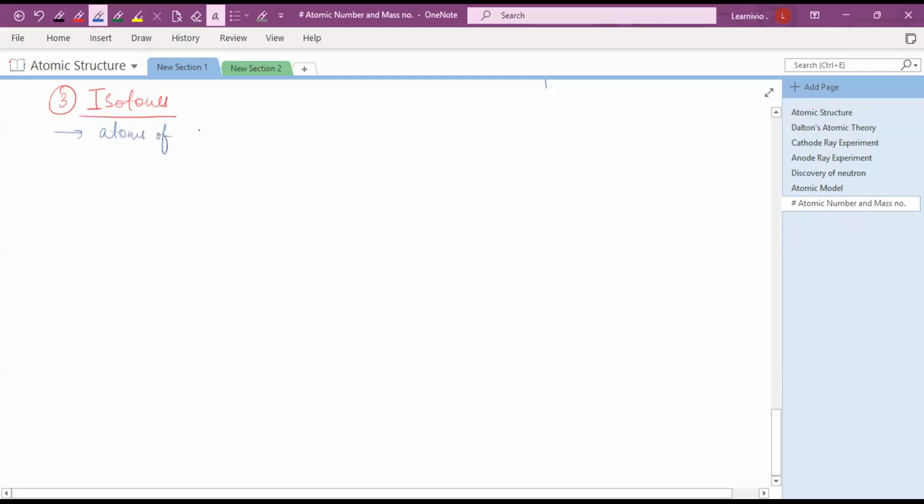Atoms of different elements which have the same number of neutrons, means the number of neutrons is the same, right?